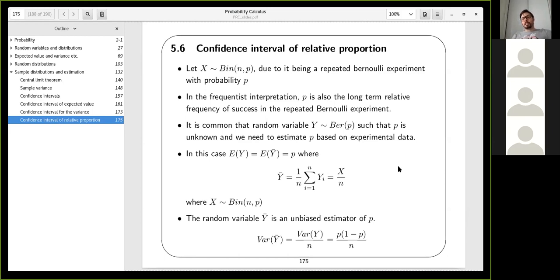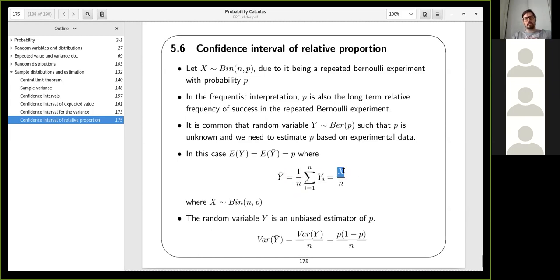Alternatively, we can think of this as being an occurrence of a binomially distributed variable X with n repetitions and P probability, which we are then dividing by n, right? We're repeating this n times. This sum here is binomially distributed. So this is the same random variable.